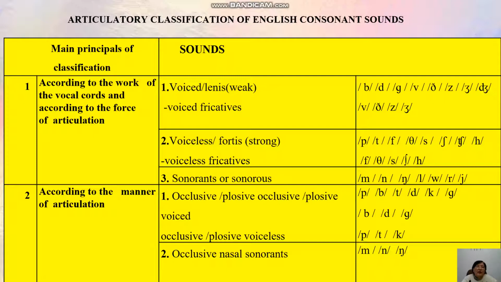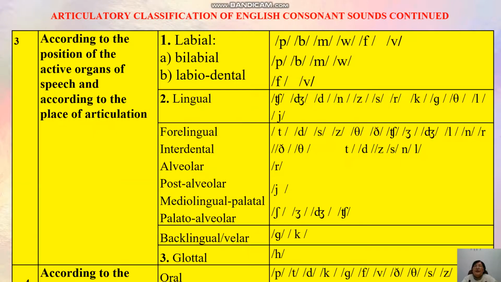Now, I have already read the sounds, and I am not going to stop your attention on the pronunciation of these consonants. Now, the third classification is according to the position of the active organs of speech and according to the place of articulation.